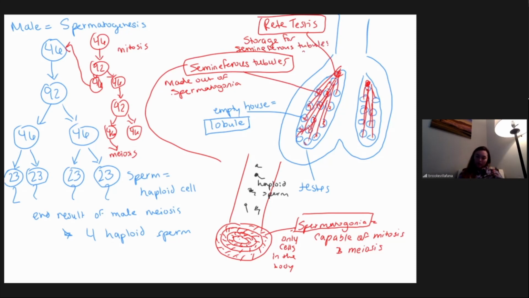This is where they collect. Then they actually leave the testes and come out before leaving into what is called the epididymis. So the epididymis.